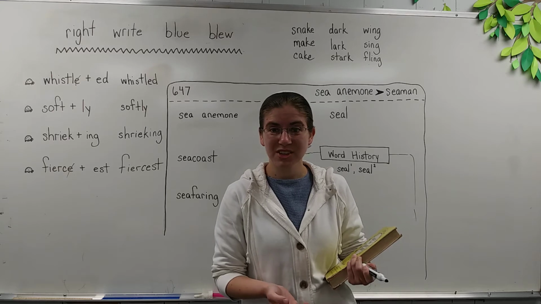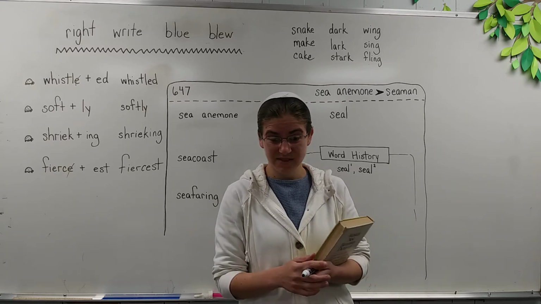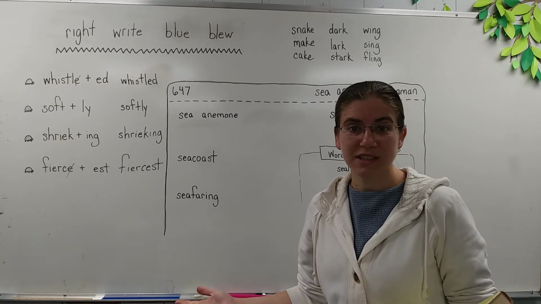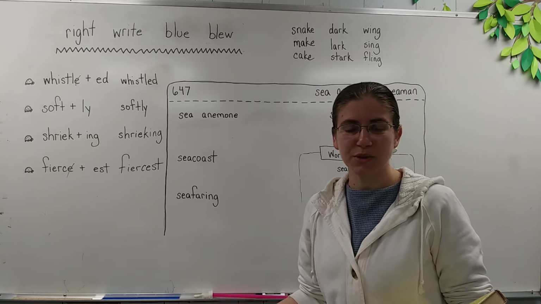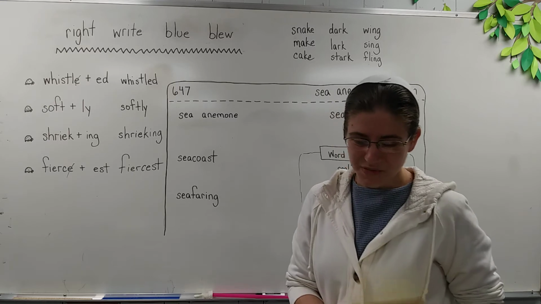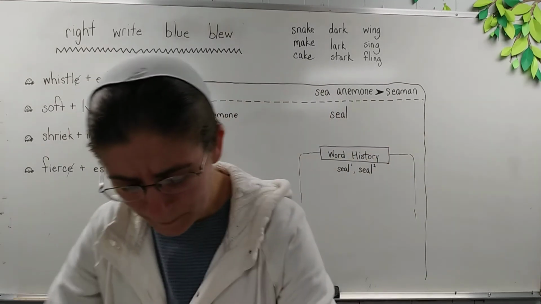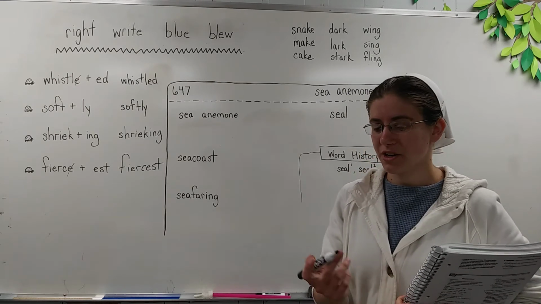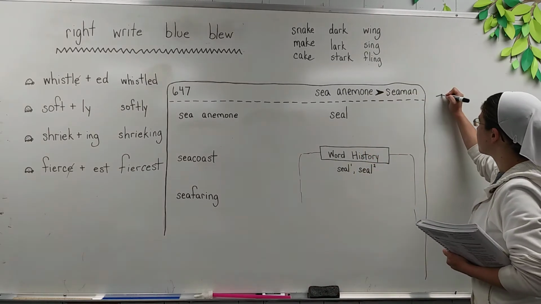Okay, so a dictionary can tell us all that stuff. And a dictionary can also give us example sentences so that we know how to use the word in a sentence. Okay? Now, the words that we find in a dictionary are called entries.